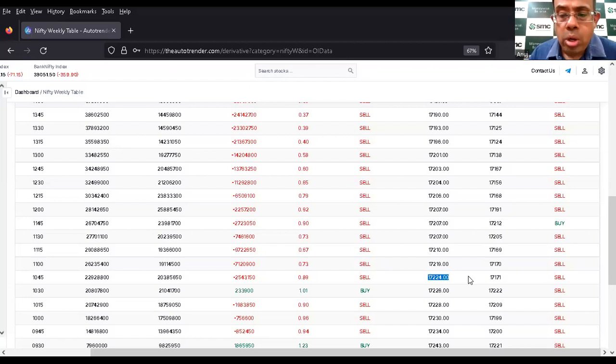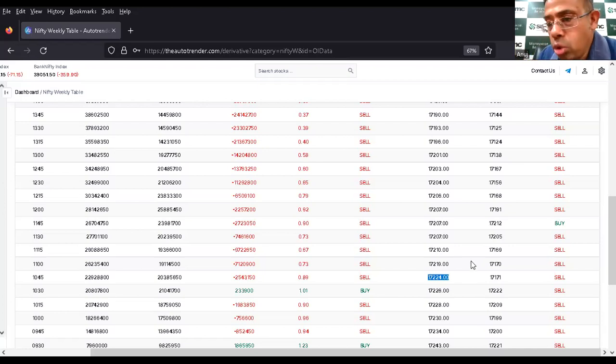I'm more worried about 17,260 as a future level. I have to watch out that level, and if that level in the future gets stopped out, then I'm also out of the market, right? So I'm ready to book losses and get out of the market and look for the next possible opportunity. Till that time, I'm in the trade.